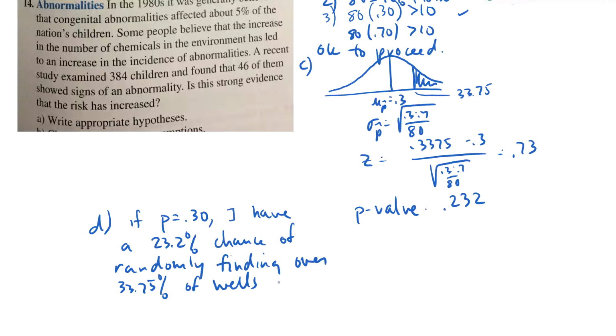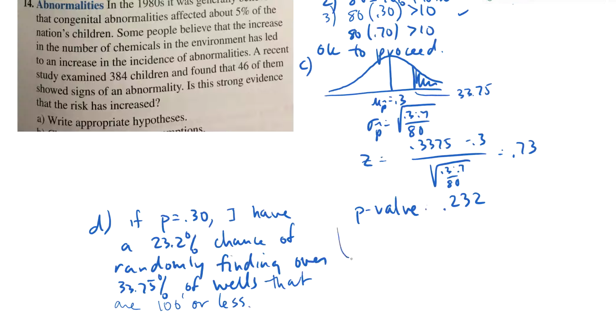Let me state this. I think I can write this better. I have a 23.2% chance of randomly finding over 33.75% of wells that are 100 feet or less.